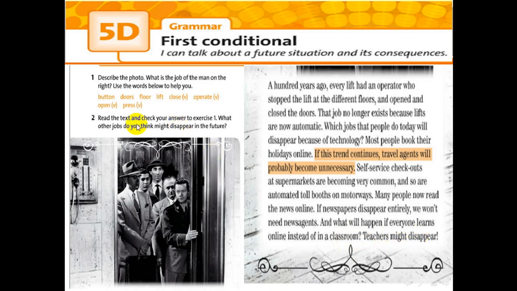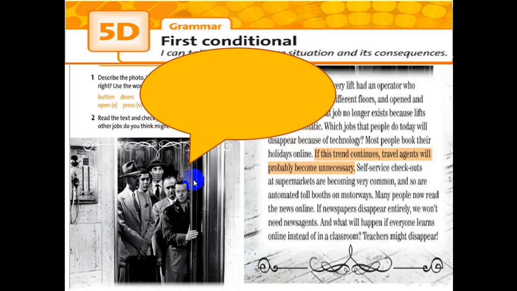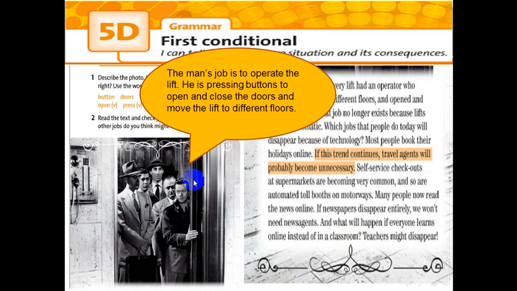So, again, let's go back to the photo. What is the man's job? The man's job is to operate the lift. مهمته هو تشغيل المصعد. He is pressing buttons to open and close the doors. هو يضغط الأزرار لفتح وإغلاق باب المصعد and move the lift to different floors. ويحرك المصعد يصعد به إلى طوابق مختلفة.